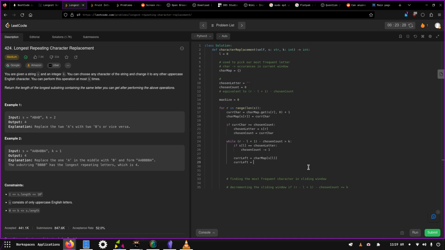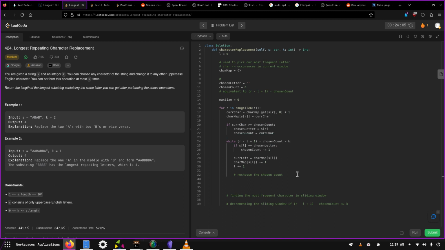Cur left equals 1, and then we have to re-choose the chosen count. Yeah, so I don't think this whole chosen letter stuff is necessary. Which means I might need to refactor this in a minute.